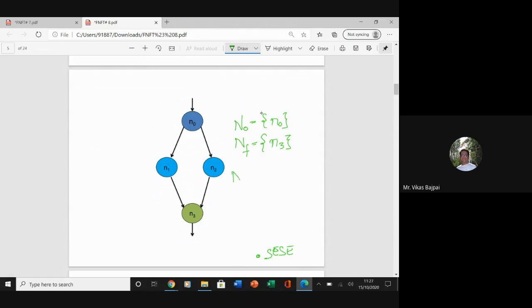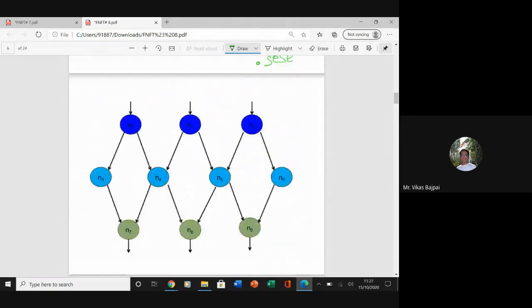Then we have N, which is equal to N0, N1, N2, and N3. Right, and then for edges, let's name them. So for E, what I'm getting is this. So this is all about some basic terminologies related to this.